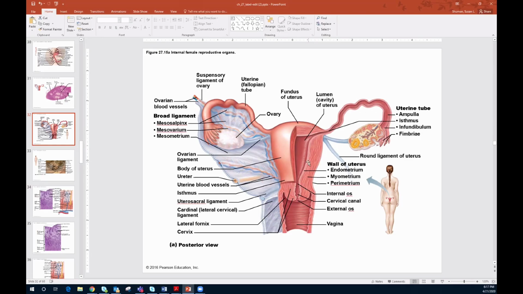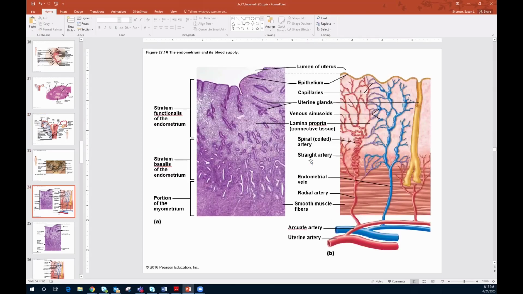Endometrium, the lining. So let's get to this picture, which in your books is over on page 1065. The endometrium is the mucosal lining of the uterus. It has 2 major layers. It's got the part that's going to stay behind.